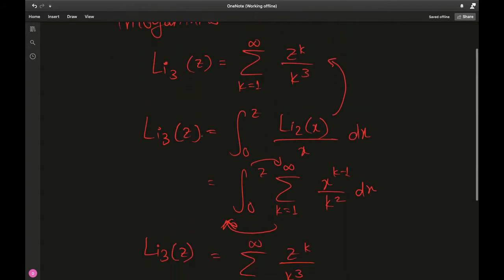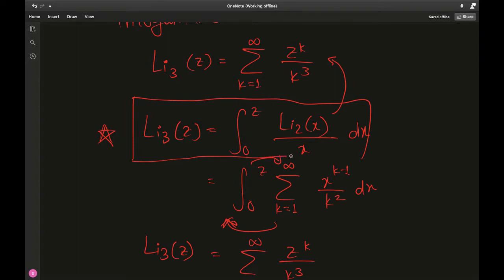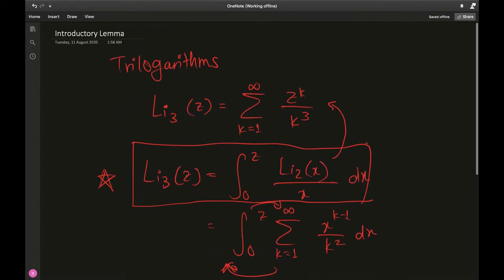So this is the representation that we're going to work with. Familiarize yourself with this. Now, see you on a fresh page for the proof.